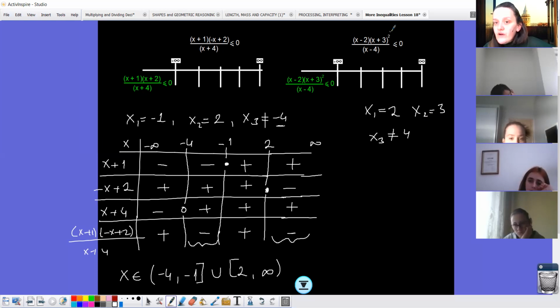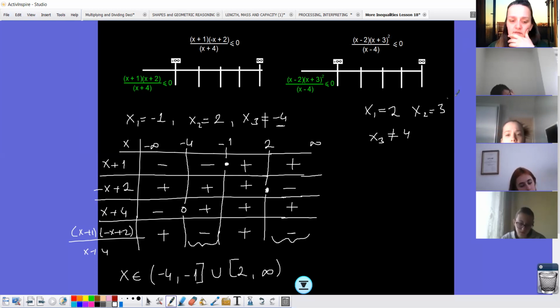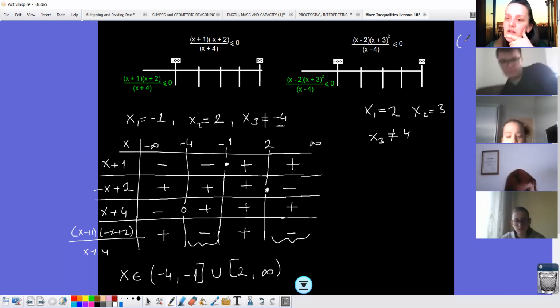Why? Here you have a square. I'm giving you this as extra information because we haven't solved this kind of problem. Here you will have x plus 3 times x plus 3, so from here one root, 3, and from here another root, again 3. So the second root here, because of this square, is a double root.